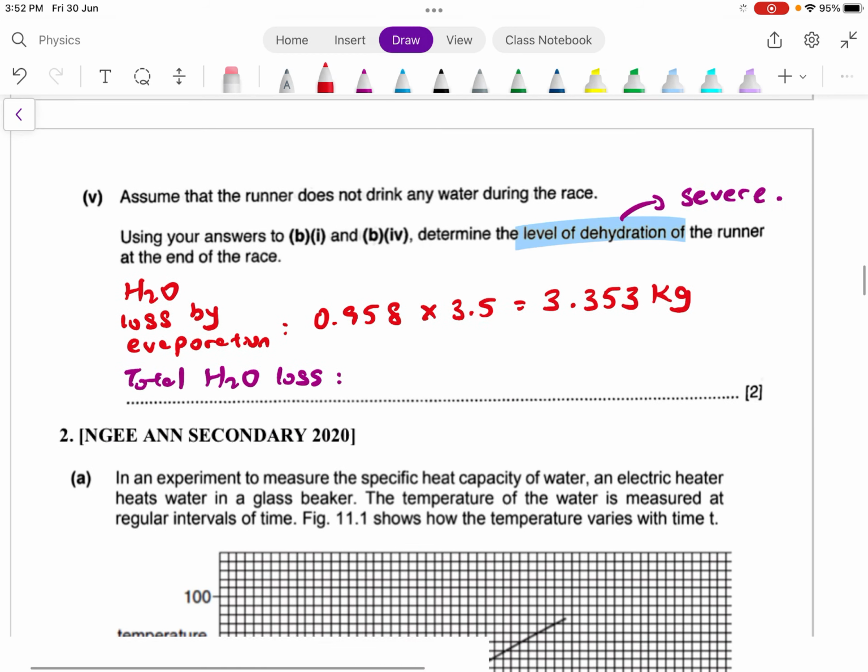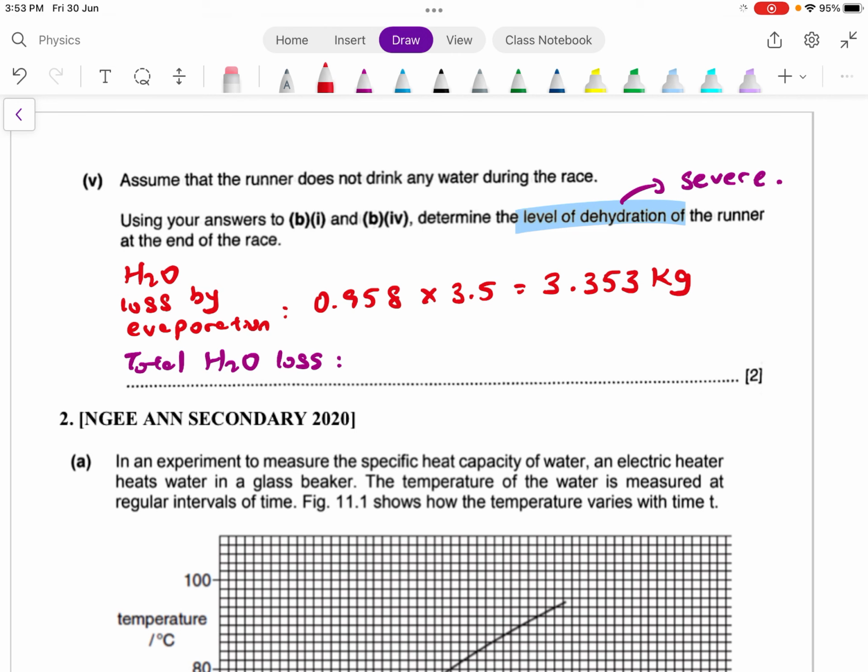The last one: assume that the runner does not drink any water during the race. Based on my answers in part I and part 4, determine the level of dehydration at the end of the race. The water lost by evaporation throughout the race: I calculated in part I that 0.958 kg is the water loss via evaporation by the skin in 1 hour. You multiply by 3.5 hours, so this will give you 3.353 kg.